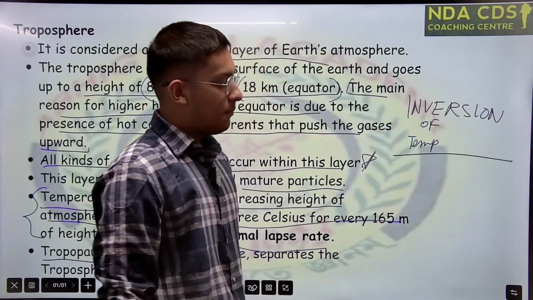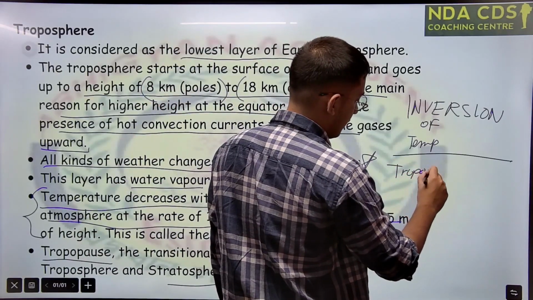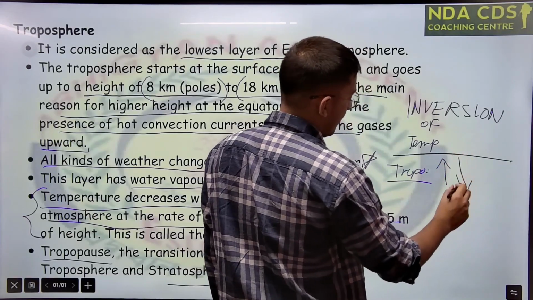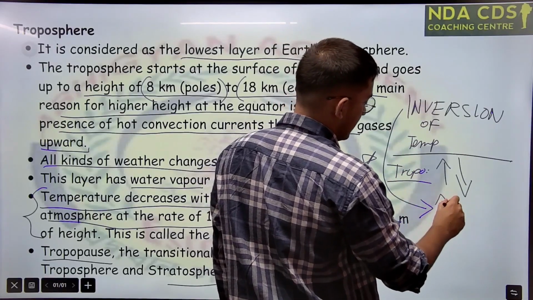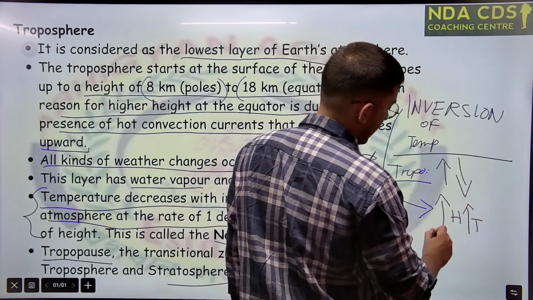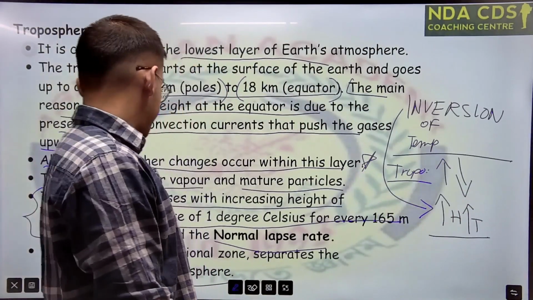In the normal lapse rate, in the troposphere, we know as height increases, temperature decreases. But during inversion of temperature in the troposphere, as height increases, temperature will also increase. That's the only thing you have to remember here.